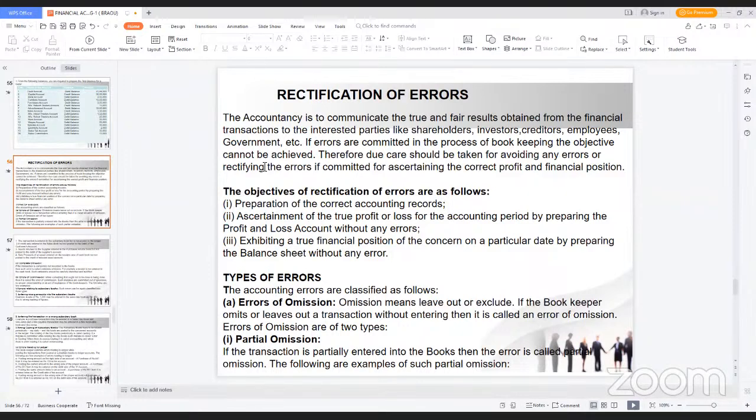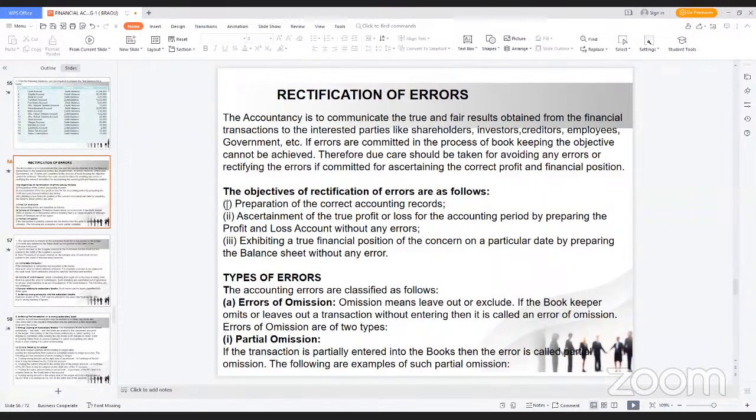Objectives of rectification of errors. First, preparation of correct accounting records. First, accounting records you have to make. Then you have to ascertain the true profit or loss for the accounting period by preparing the profit and loss account without any errors.